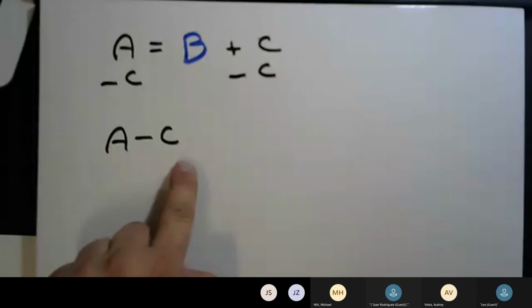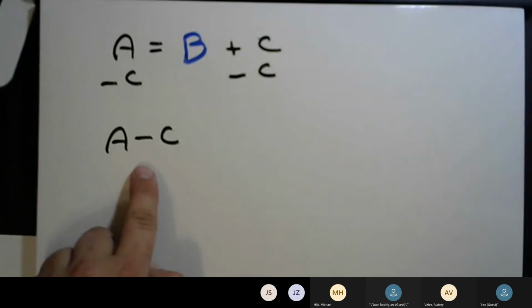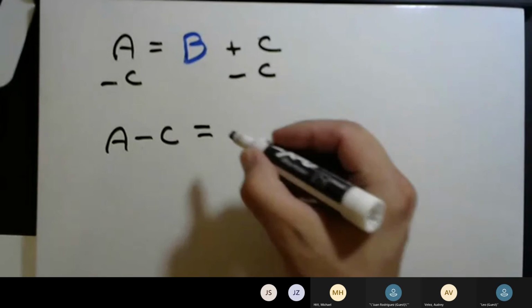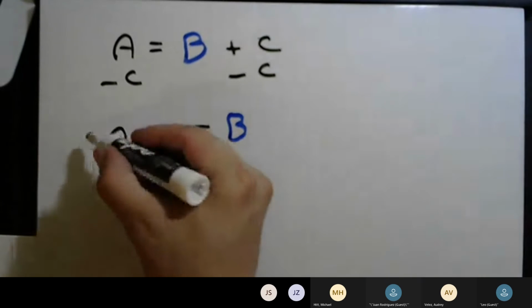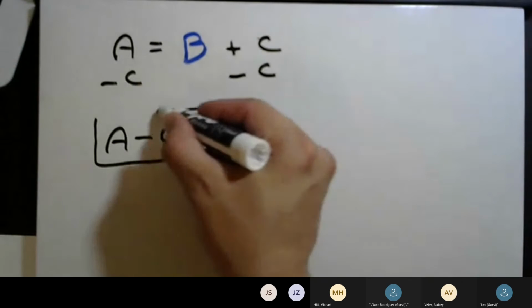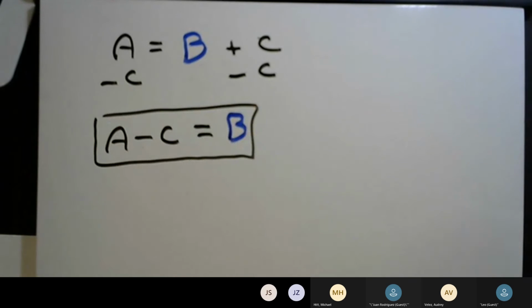But until that day comes along, we're just going to leave this in limbo, which is fine. And so we find out that B is equal to whatever A minus C someday turns out to be. No pun intended. So that's the best we can do, and that's fine. And that's exactly what we're looking for. So let me show you another. Any questions about that? All right.